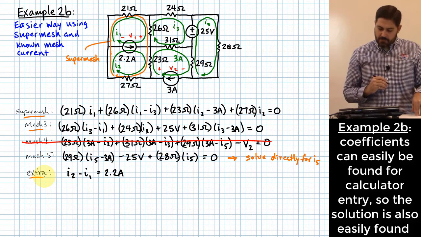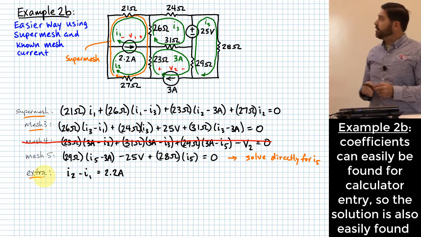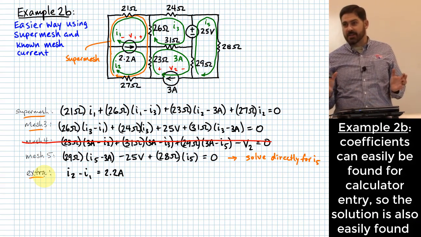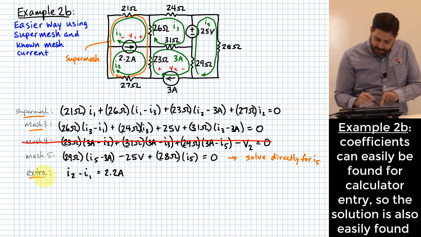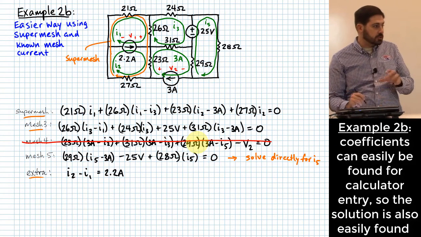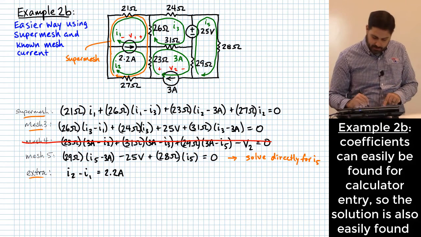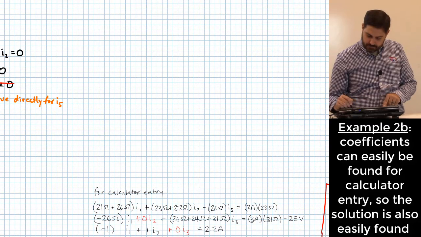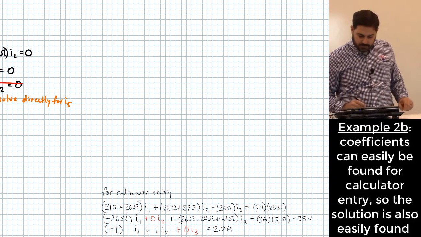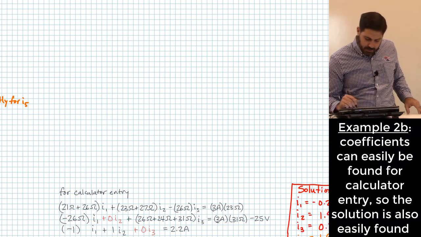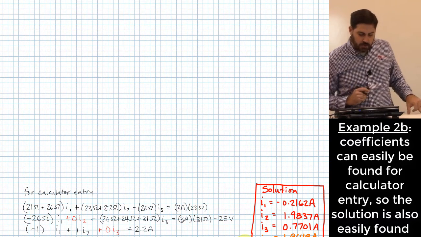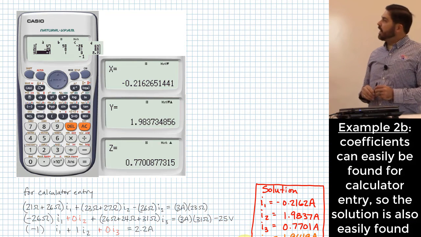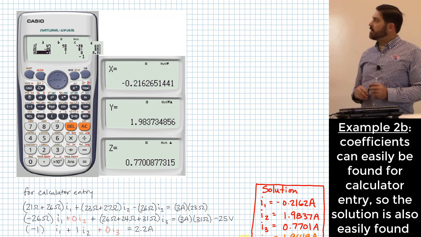Okay. So here's what I'm going to do, because, you know, watching me punch values into a calculator is only of limited value, I think. And so what I'm going to show you is how these equations could be rearranged to put in the calculator. Just so happens I have those right over here. Okay. If you put those equations into the calculator, you will get I1, I2, and I3.